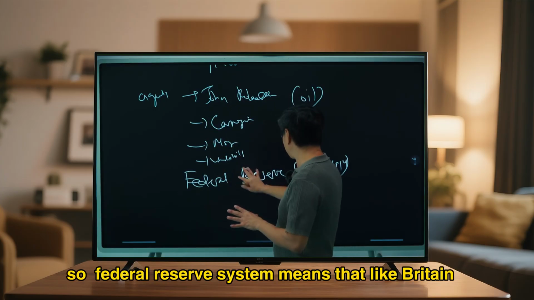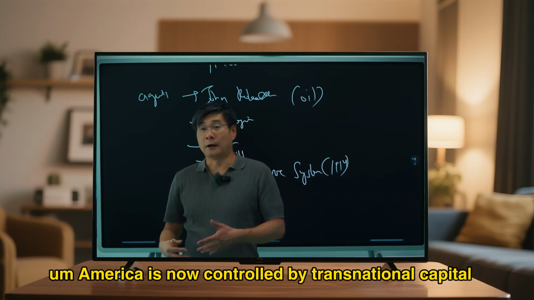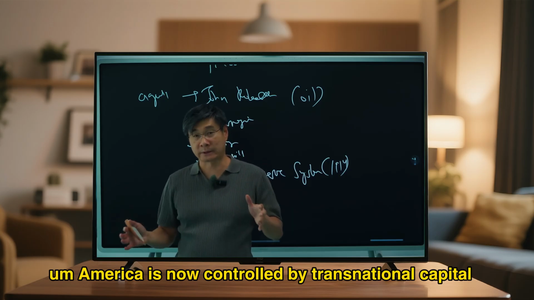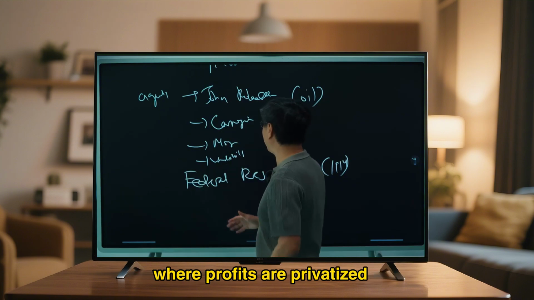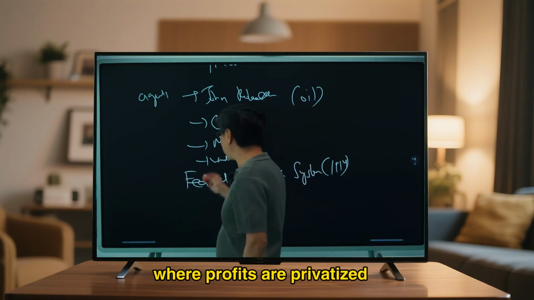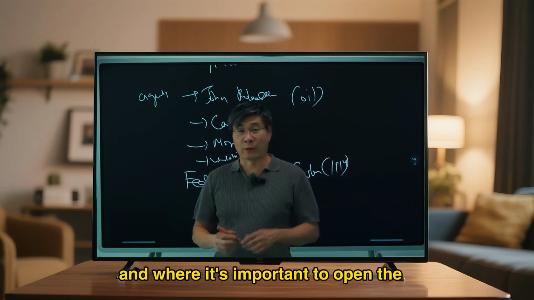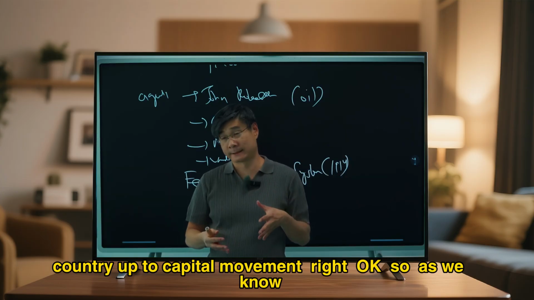So, Federal Reserve System means that, like Britain, America is now controlled by transnational capital, right? And it's the same system now, where profits are privatized, losses are socialized, and where it's important to open the country up to capital movement.